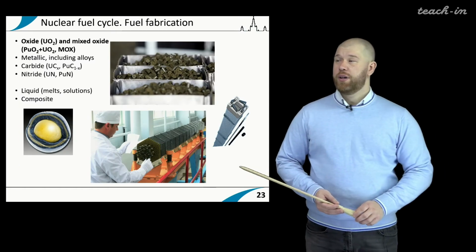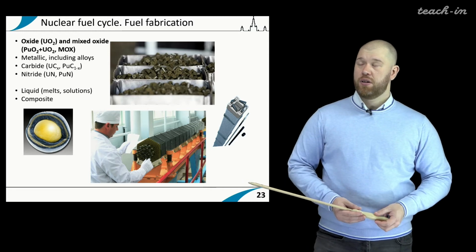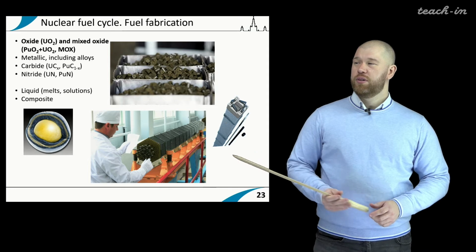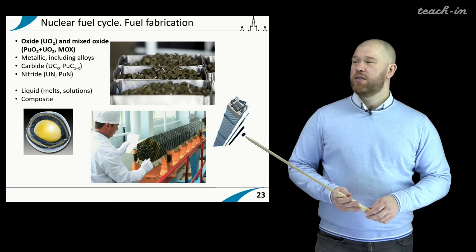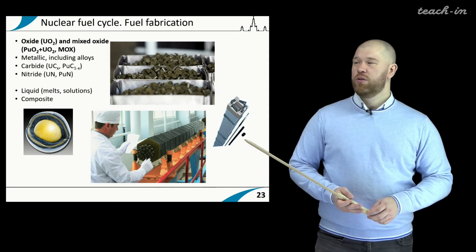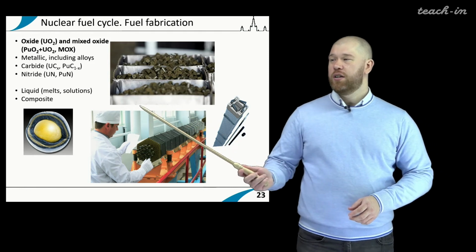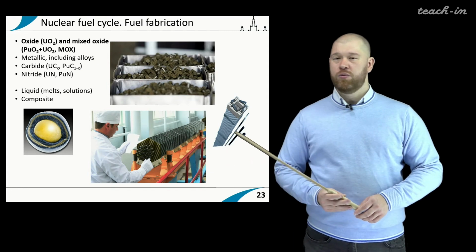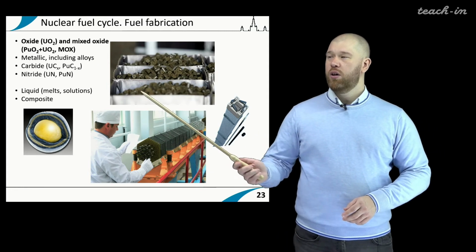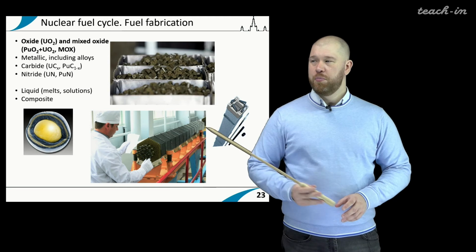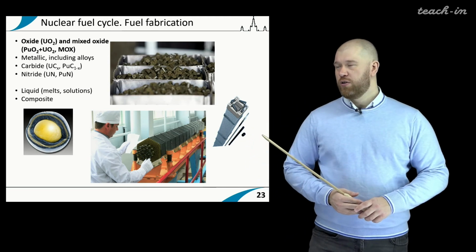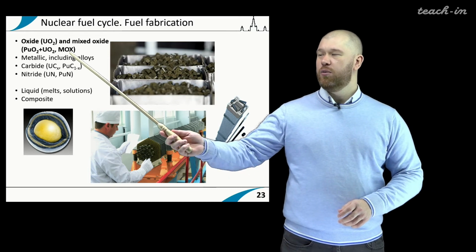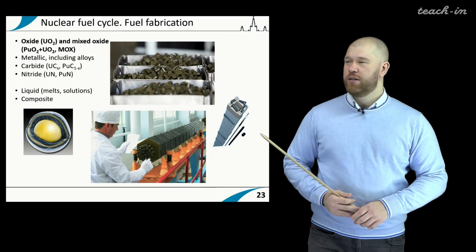Then we have nuclear fuel fabrication. In general, for the moment, the main component of nuclear fuel in all the reactors is oxide fuel. Either it is pure uranium dioxide, or mixed uranium-plutonium dioxide, simply called MOX fuel, so mixed oxide fuel.